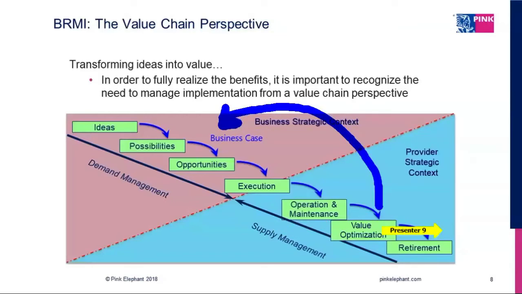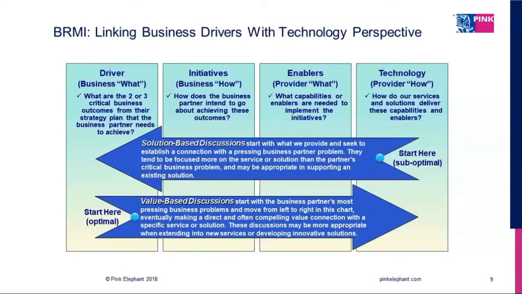So supporting this, we have one other structure. So this is good. It's a good idea about how we can create value through this value chain perspective. And we need to adopt this within our business relationship management practice office. So then we need another structure, which is all of those things about the value chain. We also need to have a chain of how was value created in the organization.